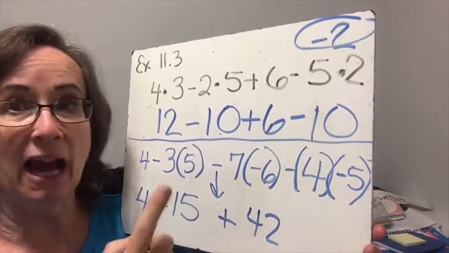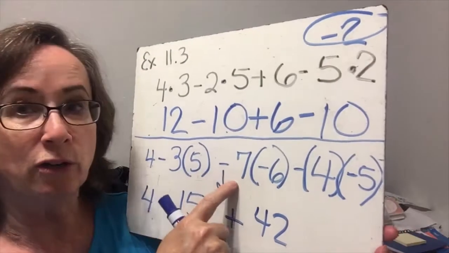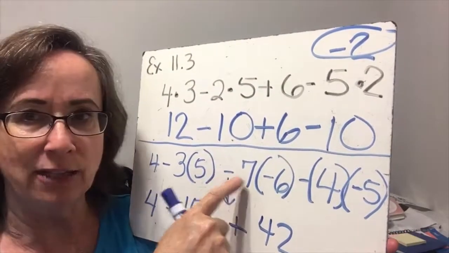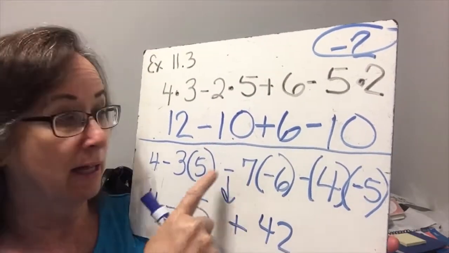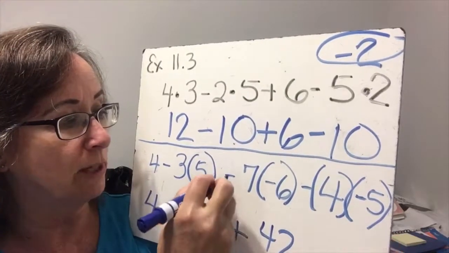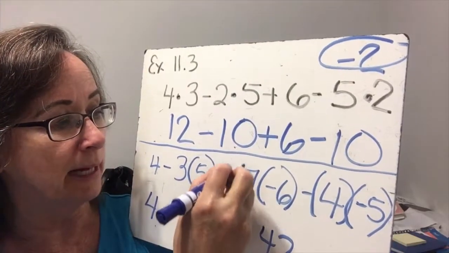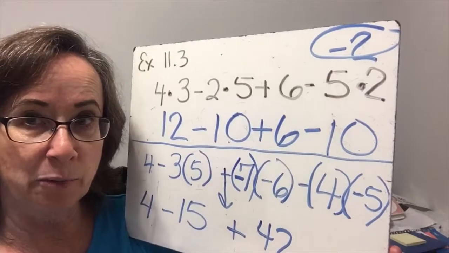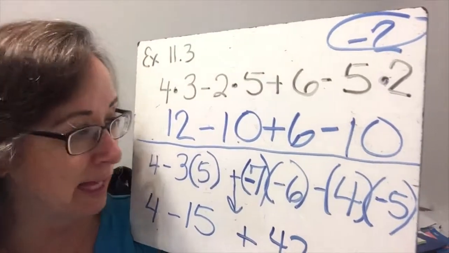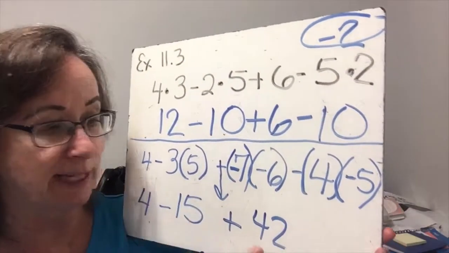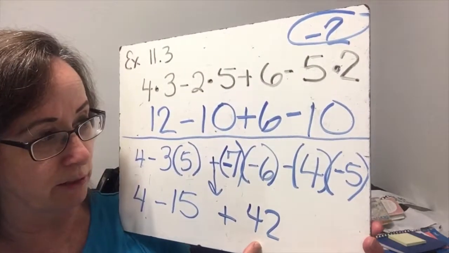And now let's do it the other way that we could do it. We could, at the very beginning, attach this minus to the 7. So we could change this to a plus, a minus, and stick it in parentheses. And guess what? It means the same thing. Negative 7 times negative 6 is a positive 42.